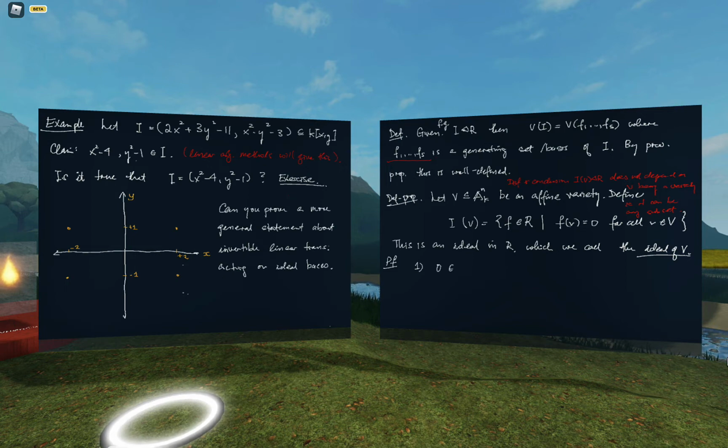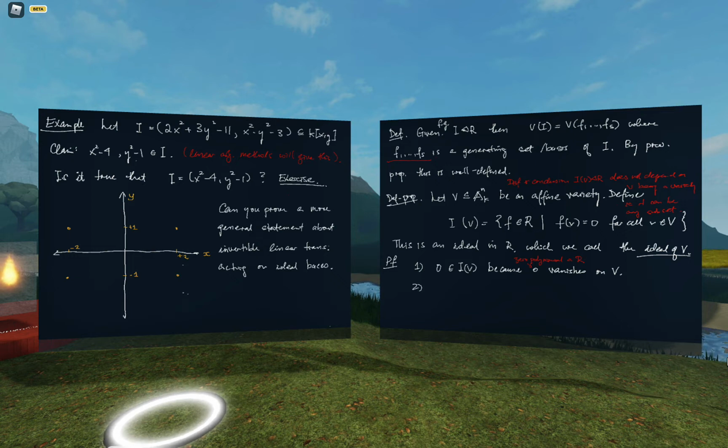So 0 is in I of V because the 0 polynomial vanishes on V, because it vanishes everywhere. So this is the 0 polynomial in R. When I write 0, it's the 0 polynomial.